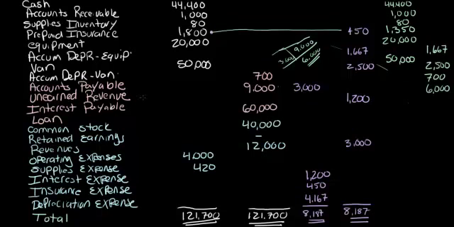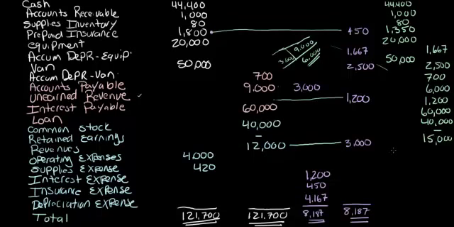So that's my unearned revenue. My interest payable was $1,200. There was zero in the beginning account, but then I picked up an additional $1,200. I have the loan payable of $60,000. I still have my common stock of $40,000. I still don't have anything in retained earnings. In revenues, I now have $15,000, after the $12,000 unadjusted, with the additional revenue I recognized for the services I performed.